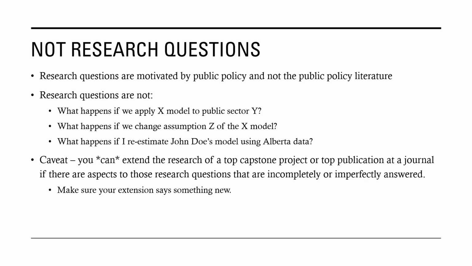It's still looking at, again, this larger issue of refugee housing affordability in Calgary. I don't think Faulkner fully answers that, so I'm going to add to it. The key thing here is to make sure that your extension says something new. In this case, the newness would be that Faulkner didn't sufficiently consider the role of informal financial aid from family members, and that's something you're going to add to the discourse.